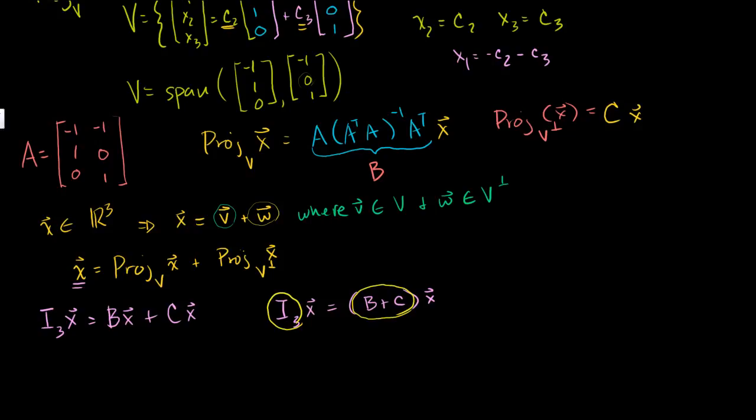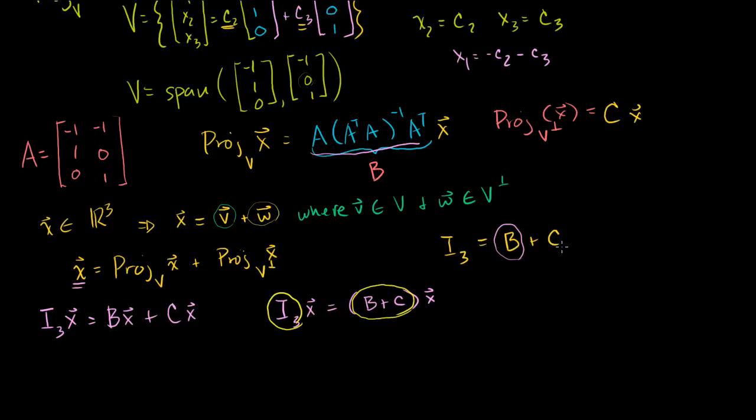So we get that the identity matrix in R3 is equal to the projection matrix onto V plus the projection matrix onto V's orthogonal complement. The whole point of this problem is to solve for B. We know a technique for doing it: you take A transpose, you can do this whole thing, but that might be pretty hairy.